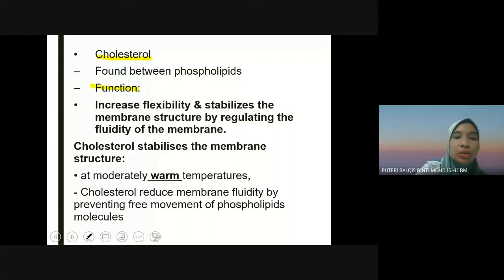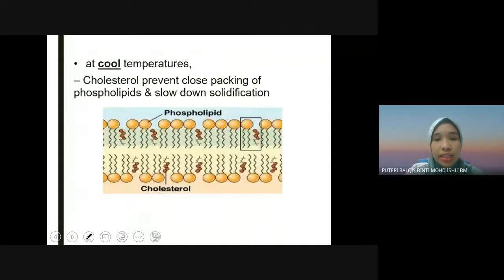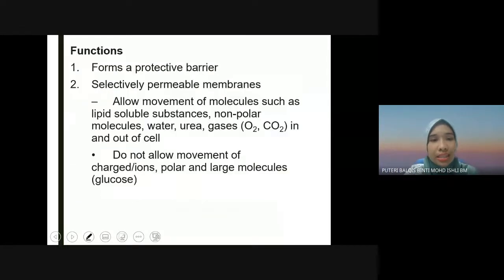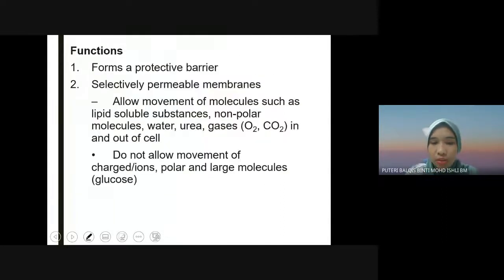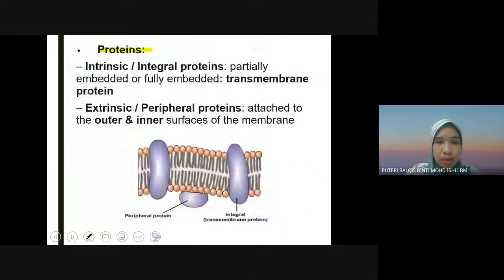You need to know about the function. Yang ni, dia duduk dekat celah-celah phospholipid tu. This is the functions of plasma membrane. Ini function membrane protein, iaitu protein-protein yang macam ni, integral, peripheral.